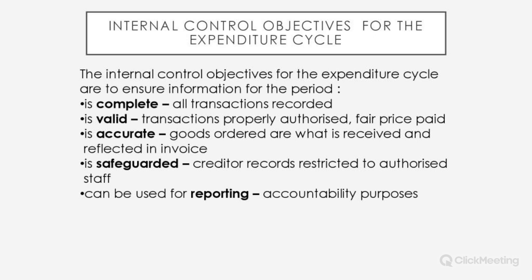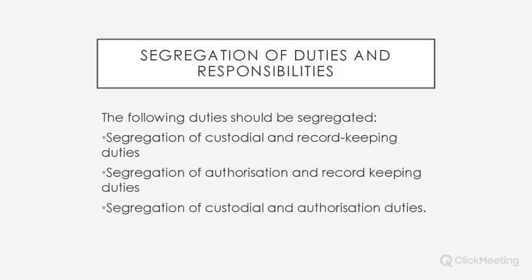Transactions recorded are valid, that is, transactions are properly authorized and a fair price is paid for them. It is accurate: goods ordered are what is received and reflected in the invoice. It is safeguarded: credit records are restricted to authorized staff only, and can be used for reporting, that is, accountability purposes.